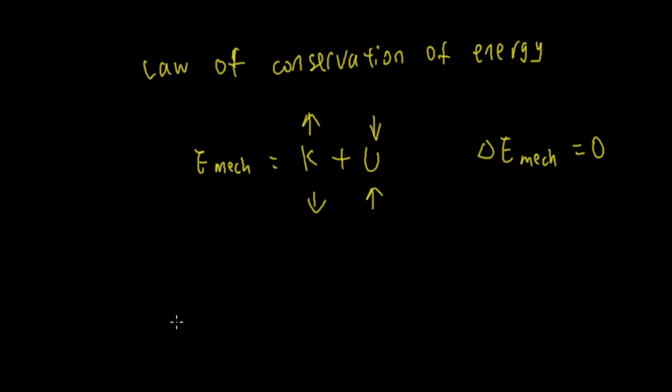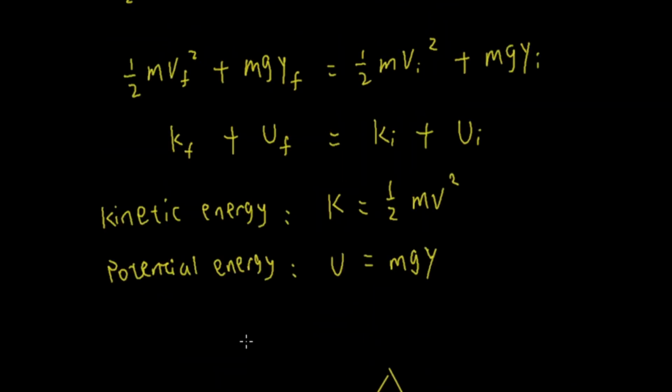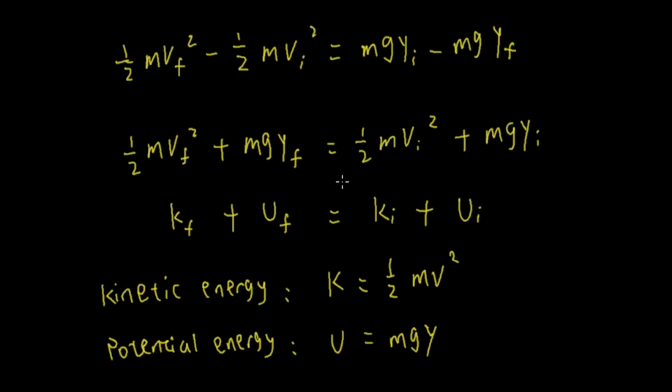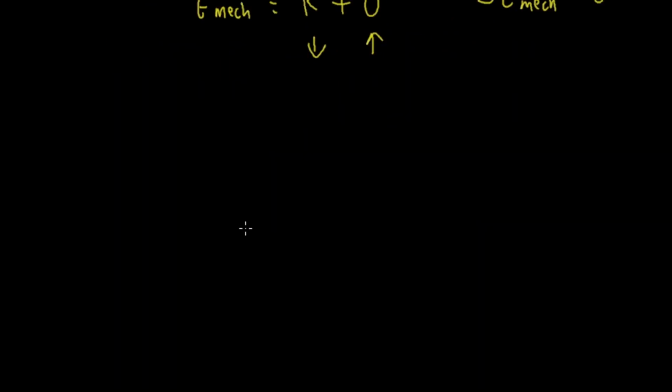Okay, now let's look at this equation, or this formula. So we have final kinetic energy plus final potential energy equals initial kinetic energy plus initial potential energy. Now, let's rearrange this.